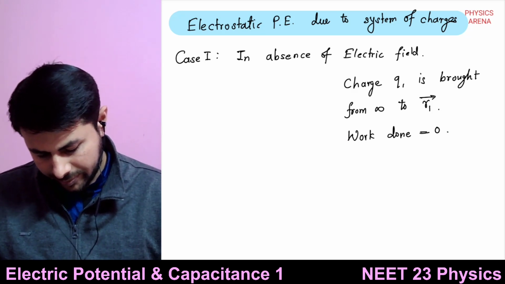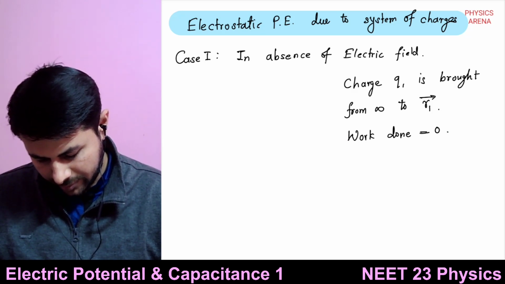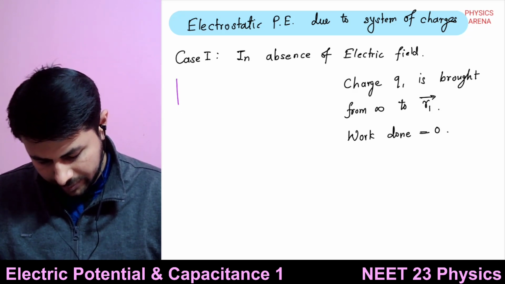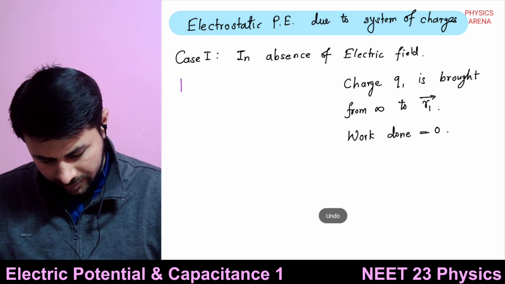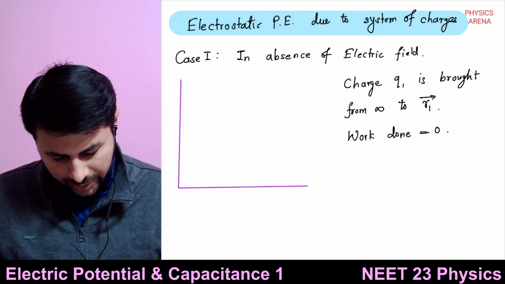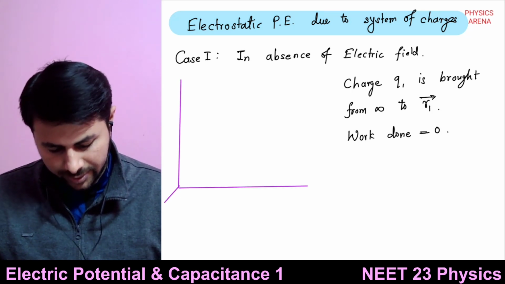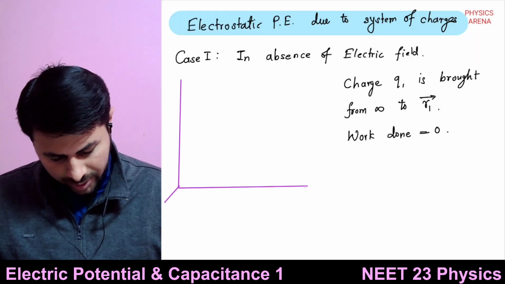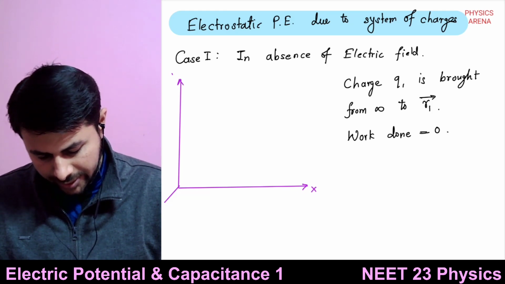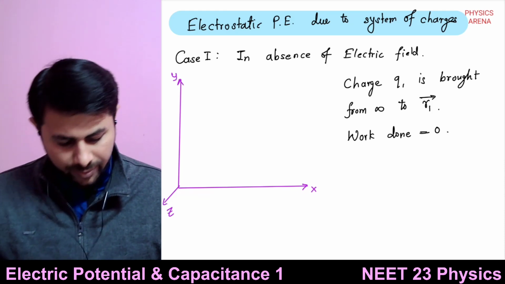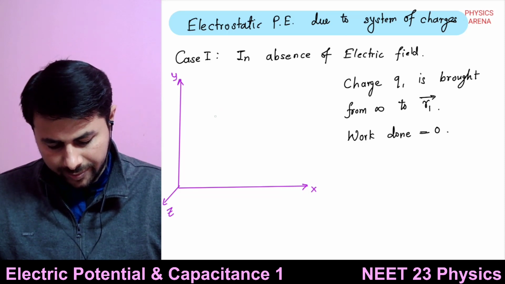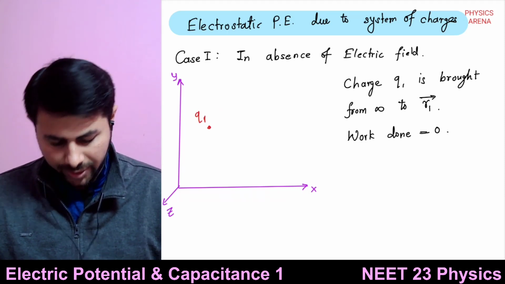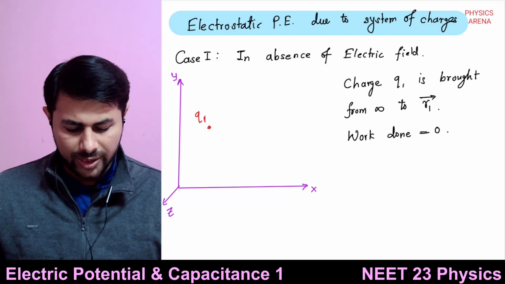Let's draw some coordinate system. This is my x coordinate, this is y coordinate, and this is z coordinate. So I'm bringing charge q1 and I have kept it here. Charge q1 is brought from infinity, no work is done.